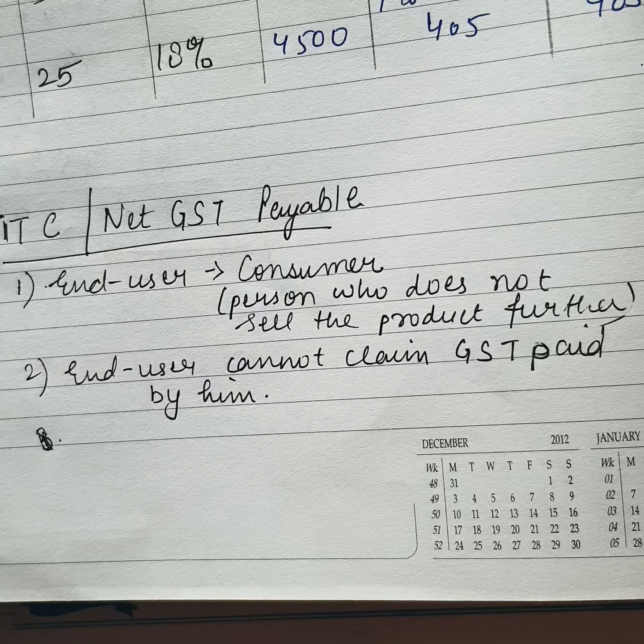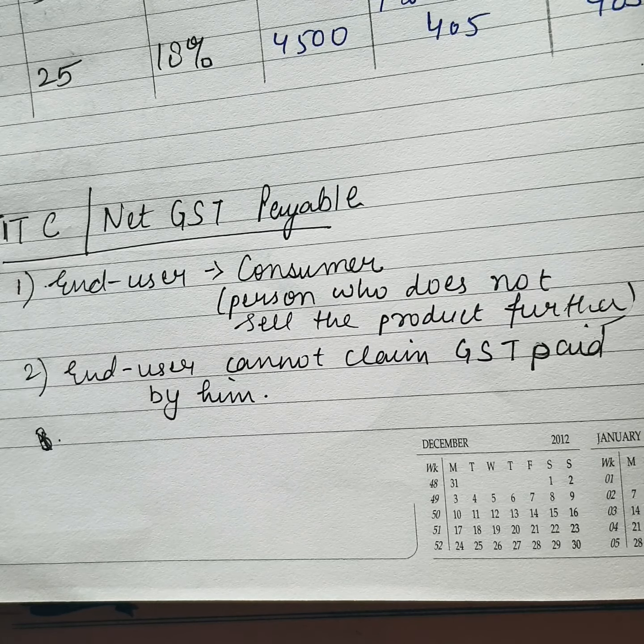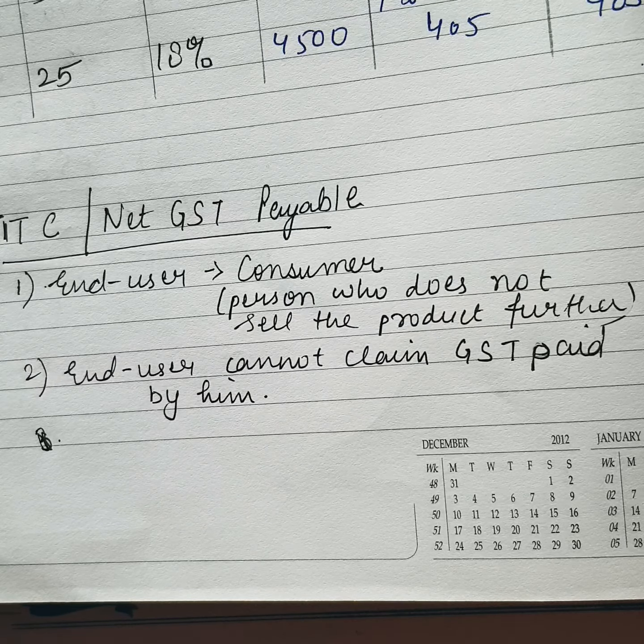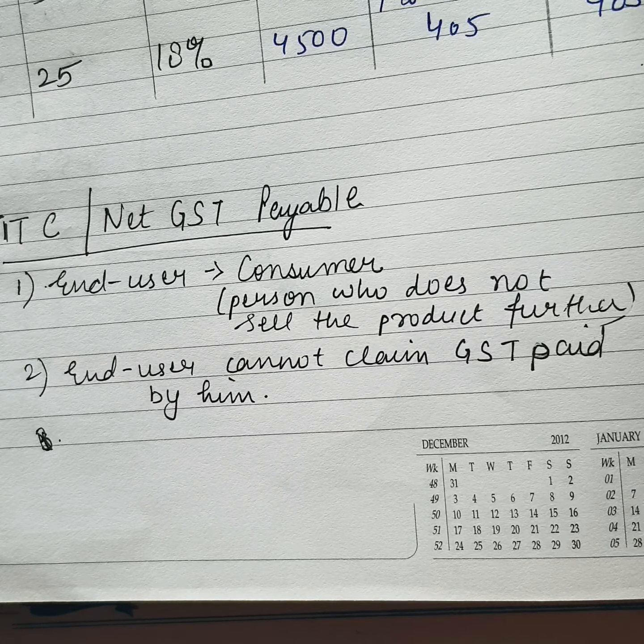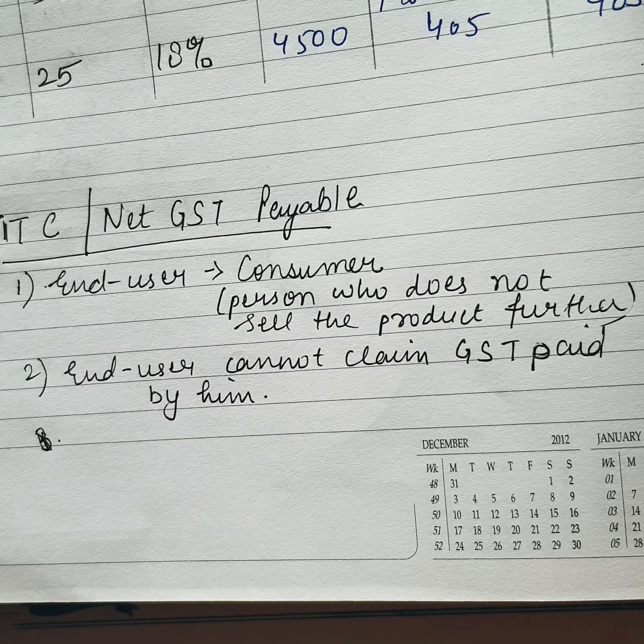Some important points about ITC, input tax credit, also known as net GST payable. End user. End user means the consumer who uses the product. That means the person who does not sell the product further. So the end user, the one who is using or consuming the goods and services, cannot claim the GST paid by him.